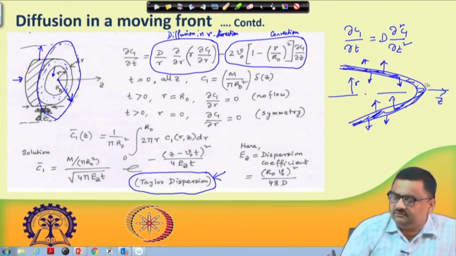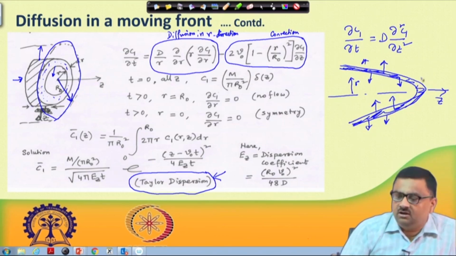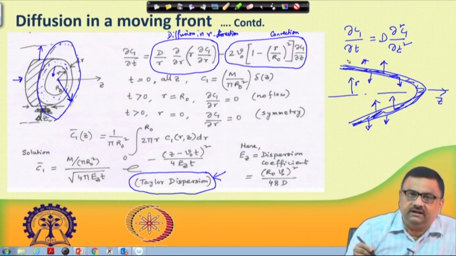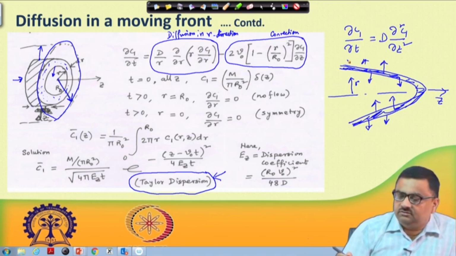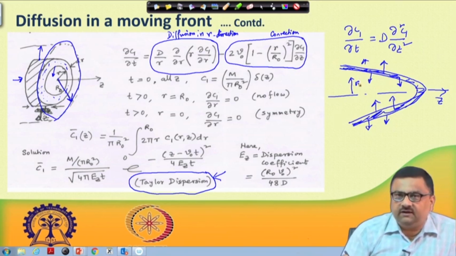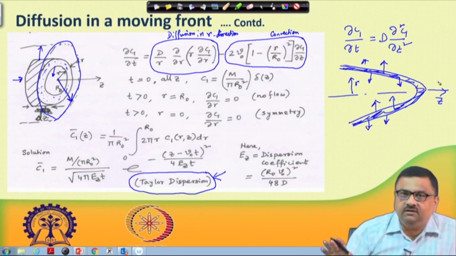When we worked with the earlier case, the diffusion was only taking place in z direction, because the velocity profile was all flat and the slug was not stretched. But in this case, to simplify, Taylor said that diffusion in z direction you ignore for the time being.